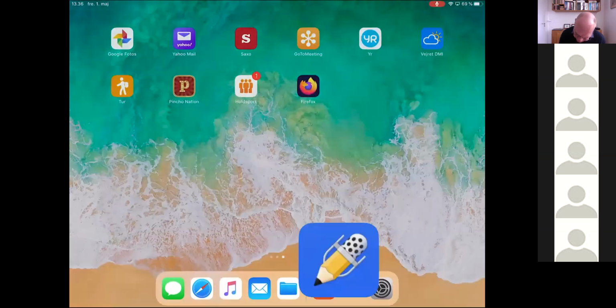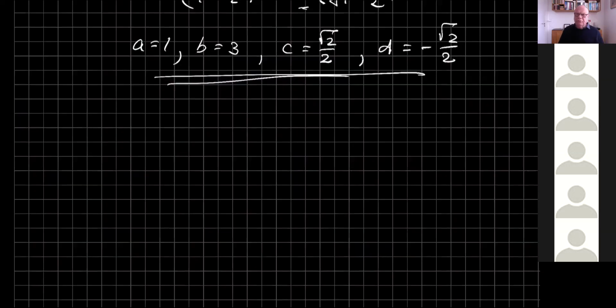Let's try to do that. If I should find the xy coordinates, remember this was this change of base matrix, x1, y1.